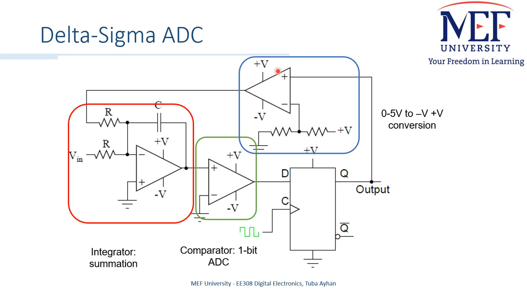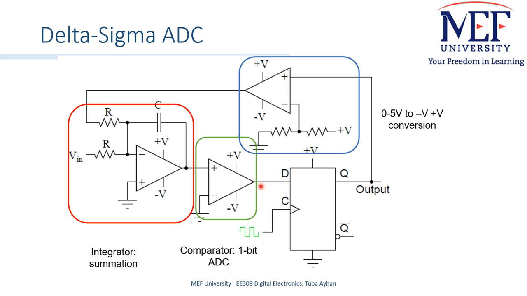We need another op-amp structure here to convert this output value of the D latch into plus V minus V scale. So if the value at this node is smaller than V divided by 2, so if Q output is 0, then this output will be minus V. So this will be summed with minus V, it is inverting, and it will be compared with 0 here.